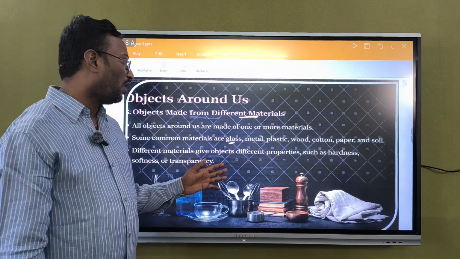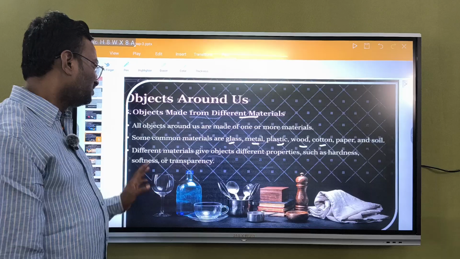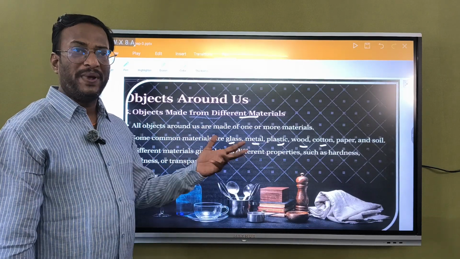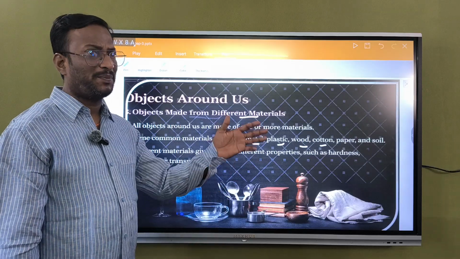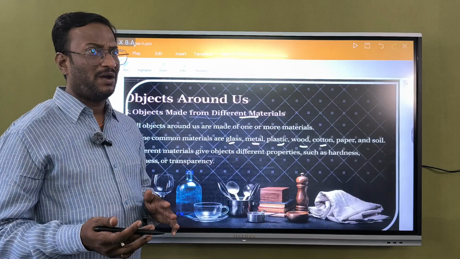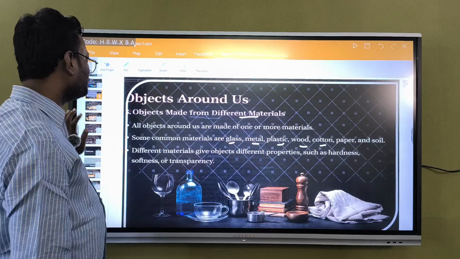Different materials give objects different properties such as hardness, softness, transparency, brittleness and opacity. Likewise, we get different properties of an object if it is made with different kinds of materials.